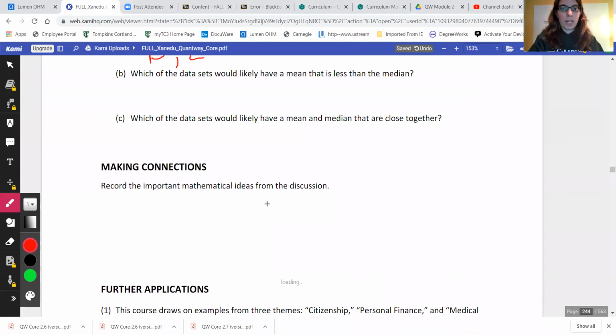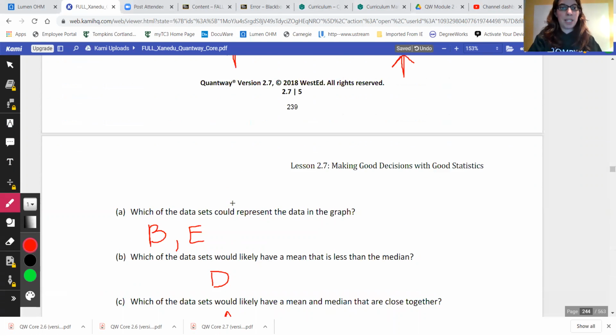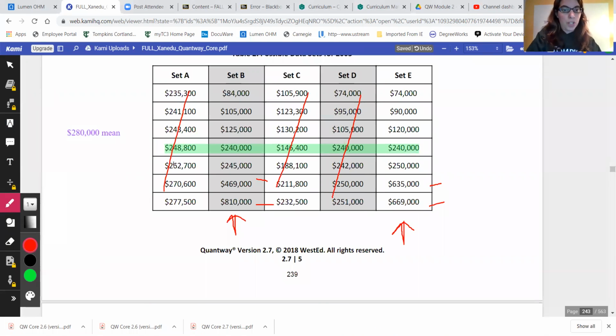Okay, which of the data sets would likely have a mean that is less than the median? So that's going to be that D that we just talked about, right? The median is 240. Almost everything is below that or very slightly above it. And which would have a mean and a median that are close together? That's going to be set A. If you look at this, these values are very close together.